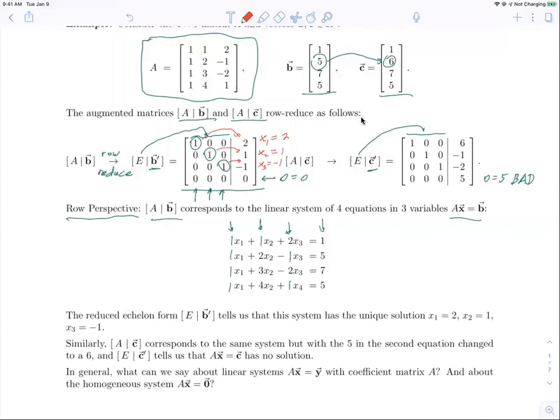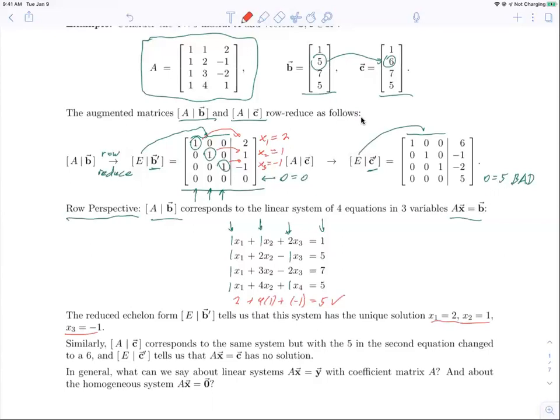That's where this solution is coming from. So this does have a solution, and you should check, by the way. It's not a bad idea to check. For example, 2 plus 4 times 1 plus negative 1 is 2 plus 6 plus negative 1, which does equal 5. So this is a solution.